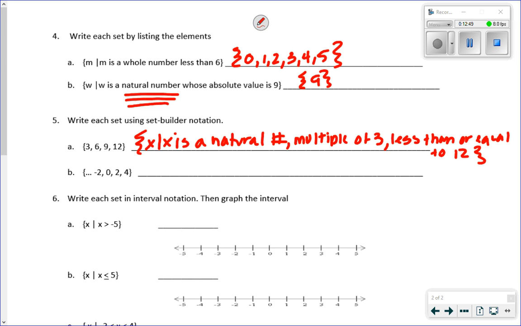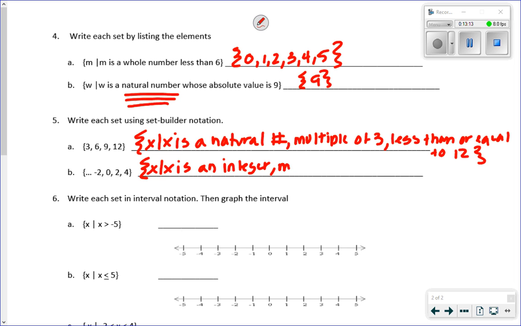Okay, part B, it says it goes on forever in the negative infinity direction, -2, 0, 2, and 4. So because it includes negative numbers, we know that it's an integer. So I'm going to write that first. Okay, the set of all x such that x is an integer. What else can we say about it?